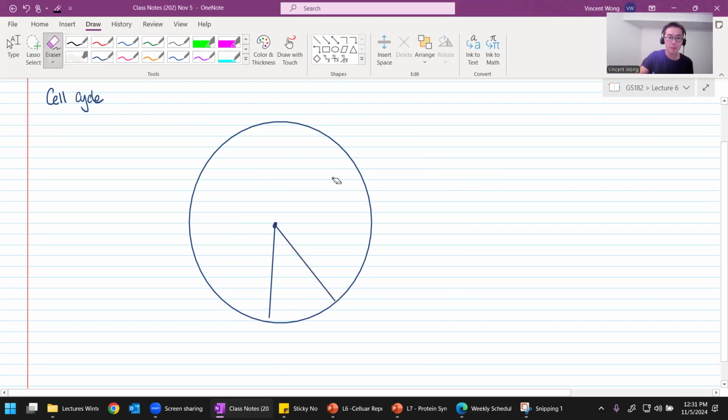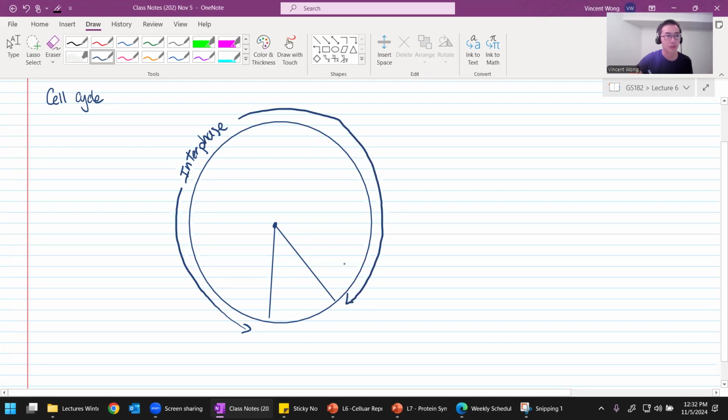So this bigger portion of the pie, we have a name for that. I'm gonna just draw it right here. This is called interphase. Interphase. Right? All the way over there.